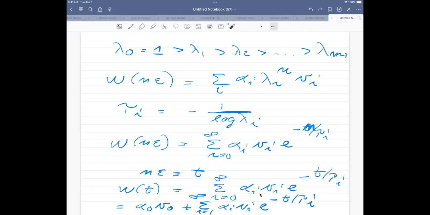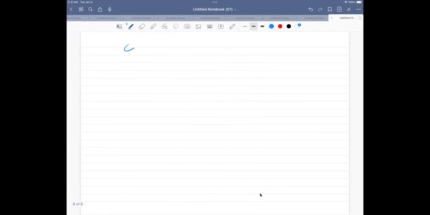What is important now is that if these states are close to 1, then these terms will be important in the convergence of this process as we move to larger and larger times. But what you're seeing now, if I take the limit of t goes to infinity of this w of t, what this converges to is this alpha 0 times v of 0.